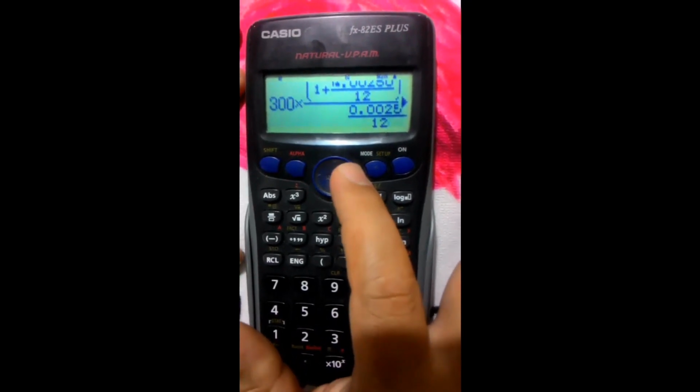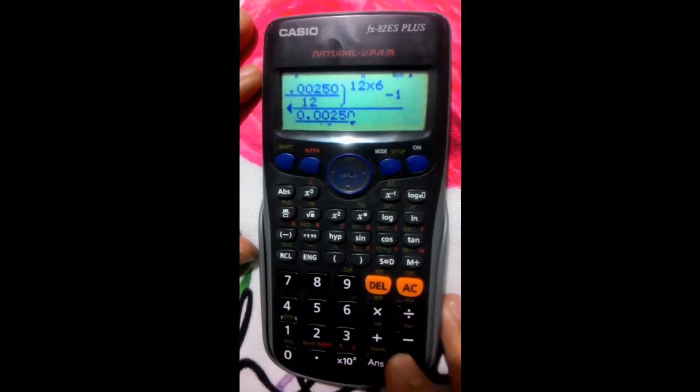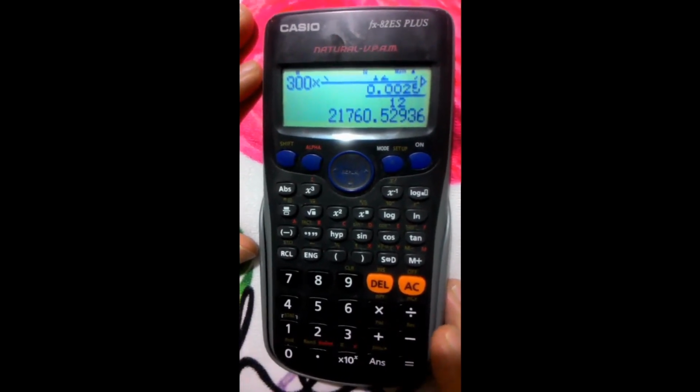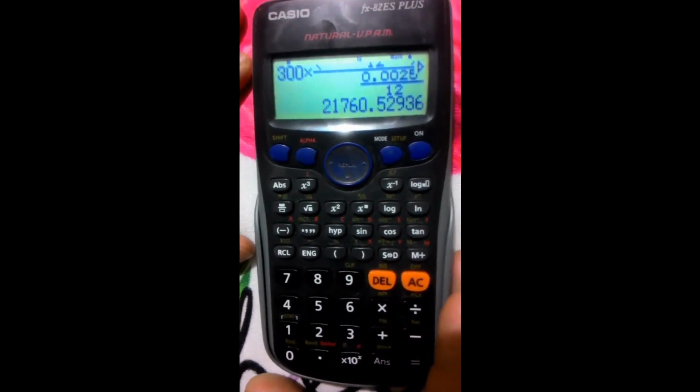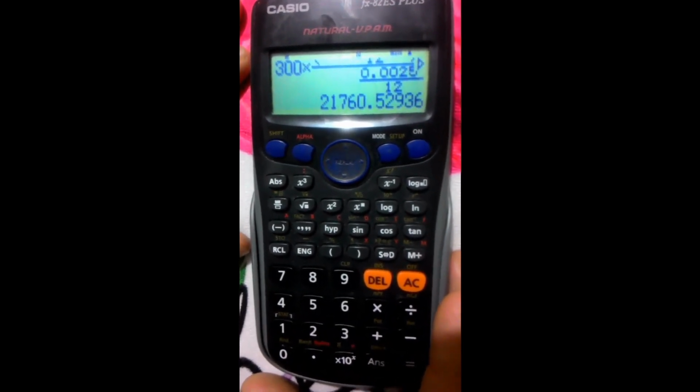After that, press close parenthesis, and press the equal sign. So you will notice the final result is 21,760.53 centavos.